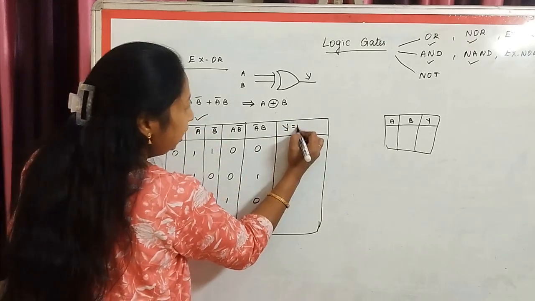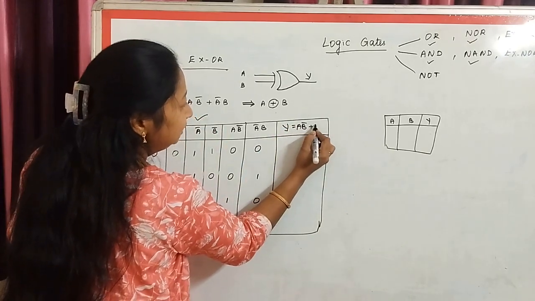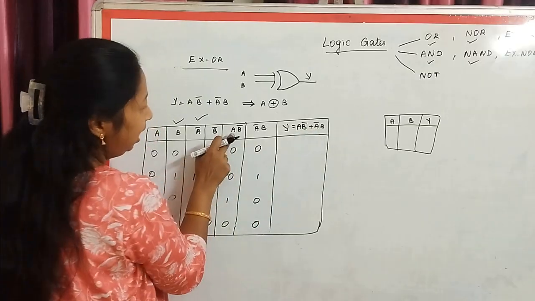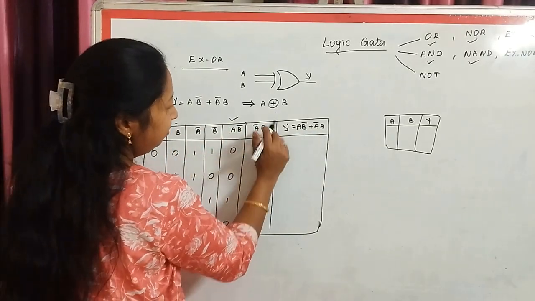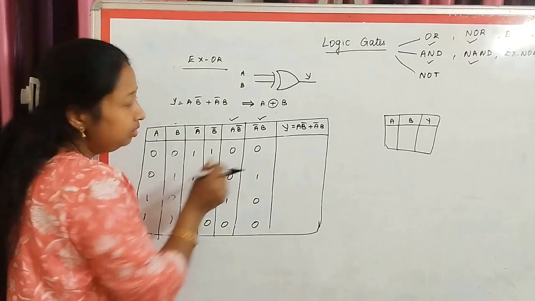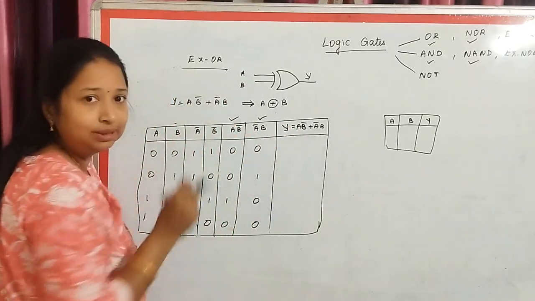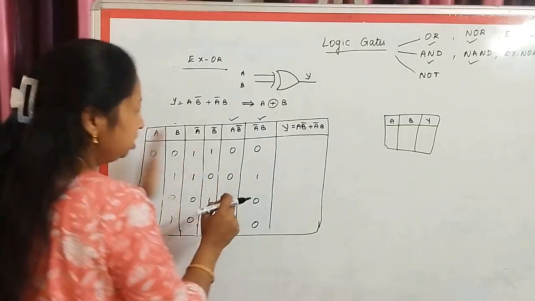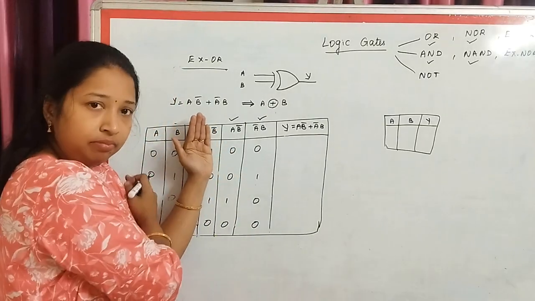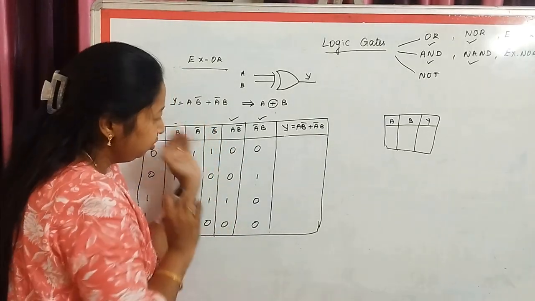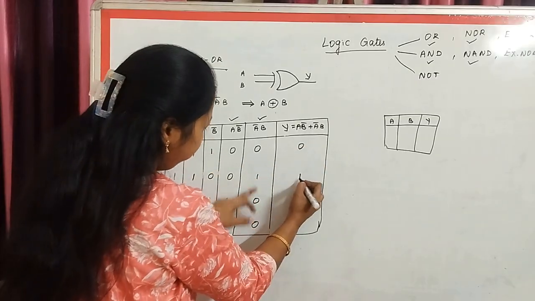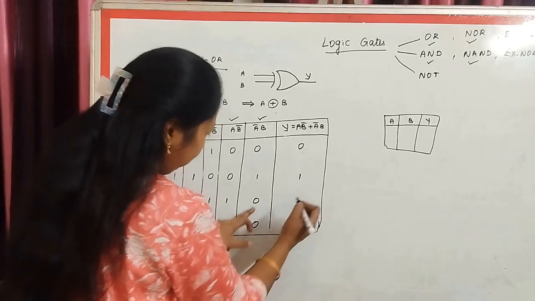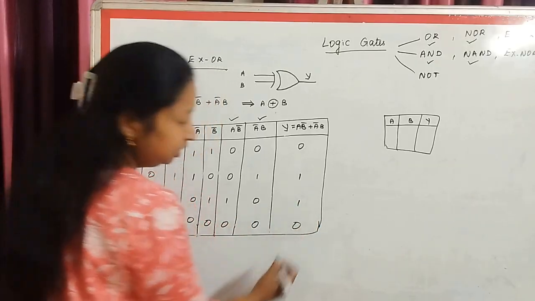Y is A B bar plus A bar B. A B bar is here, A bar B is here. Right? These two terms we have to do a sum. We have to add these two terms. Forget about whatever you have here. Concentrate only on these two terms. 0 plus 0 is 0. 0 plus 1 is 1. 1 plus 0 is 1. 0 plus 0 is 0.